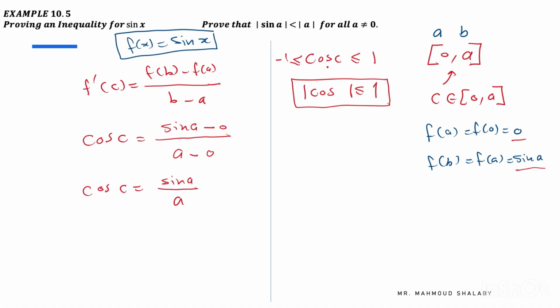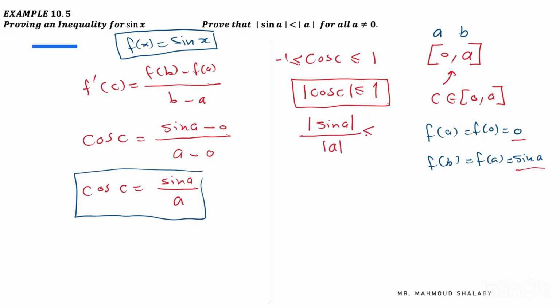So the absolute value of cosine C is smaller than or equal to 1. Now I can replace cosine C by the absolute value of sine A over the absolute value of A, smaller than or equal to 1. So I will multiply both sides by the absolute value of A.